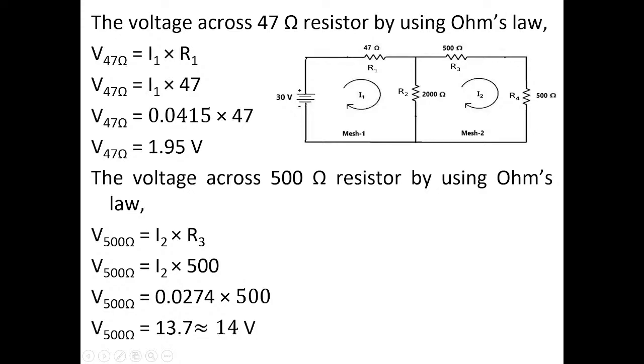I2 is 0.0274, into 500. If you solve it, you will get 13.7. You can leave it as it is, or write an approximate value. I have written 14 volts, but you can leave it as 13.7 volts.